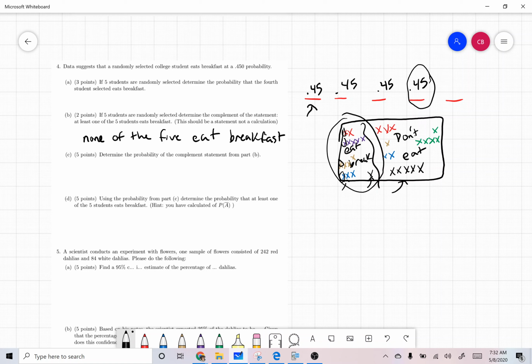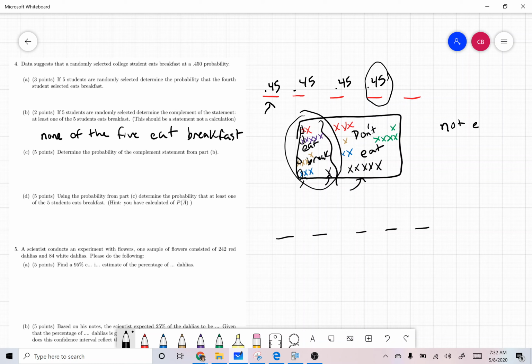Okay, so it says determine the probability of the complement. So how do we do that? Well, we've got five people we're choosing. We know they eat breakfast with a 45% chance, so they must not eat breakfast at a 1 minus 0.45, or a 0.55.